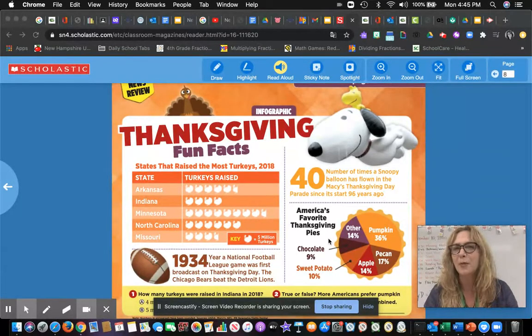I thought apple pie would be more popular than pecan pie. So graphs show us all kinds of things, and we can interpret that information and try and make sense of it. So the highest percentage, the lowest percentage, and what surprised you the most.